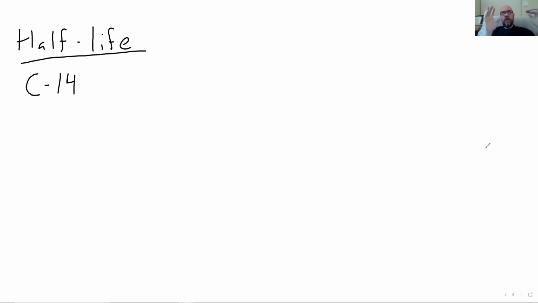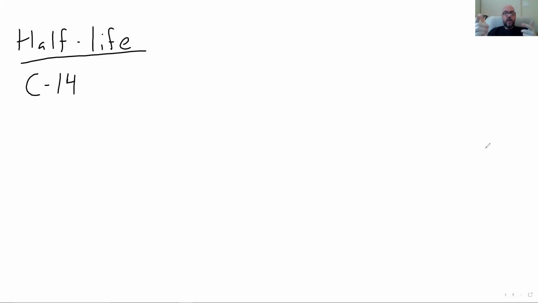Because that percentage is known, however much it's less than that percentage is in the remains that you're studying will allow you to figure out how old this thing is. That's what carbon dating is: you're figuring out how long ago something basically stopped taking in carbon-14 by how much less carbon-14 it has now than you would expect it to have if it was currently alive today. That's how scientists figure out how old things are.